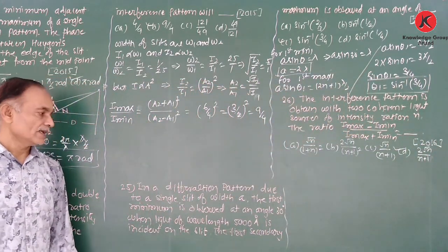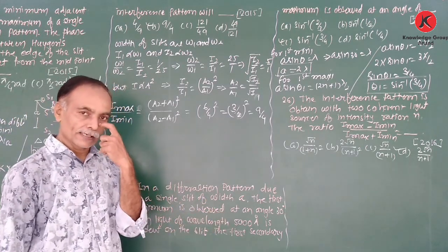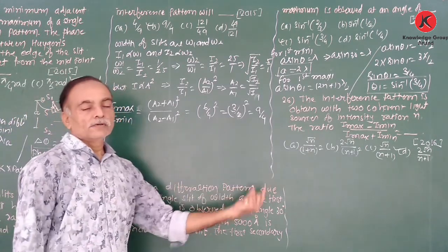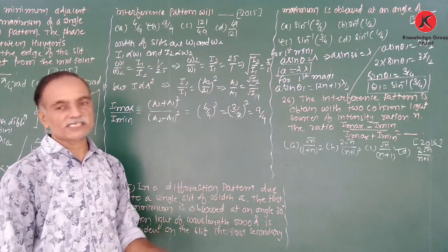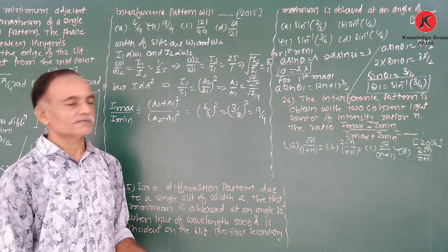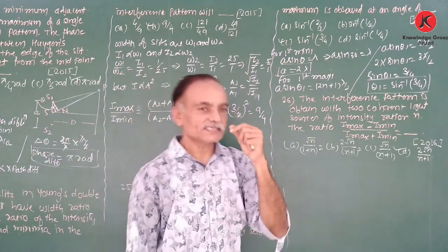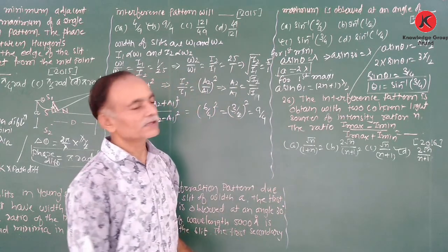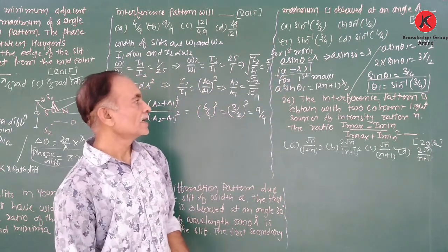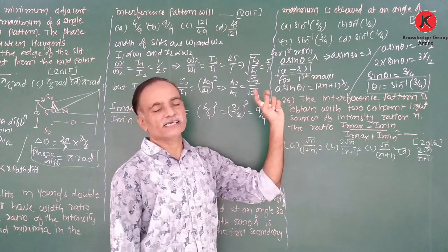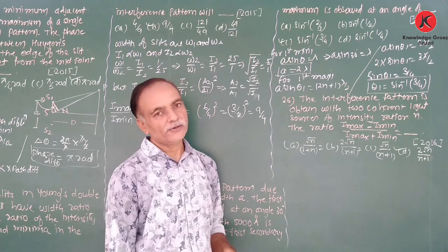Now, in our diffraction pattern, the first minima is obtained at a 30-degree angle. Now, in the same experiment, at which angle do we obtain the first maxima? Therefore, we use the condition for first minima, a sin theta is equal to lambda. Therefore, the width of the slit a is equal to 2 lambda. Now, for first maxima, the condition is a sin theta 1 is equal to 2n plus 1 into lambda by 2.